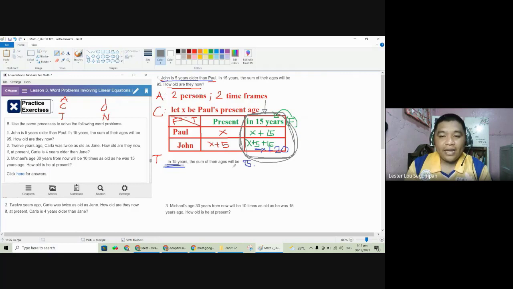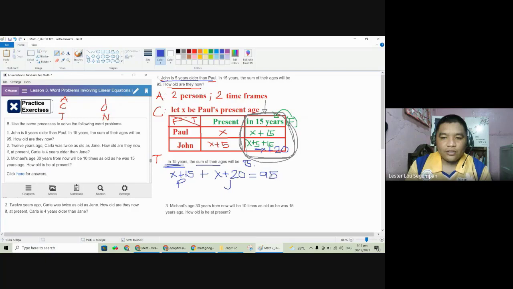So instead of X and X plus 5, what we are going to use are the values X plus 15 for Paul, plus John's age, which is X plus 20, and their sum will be 95.